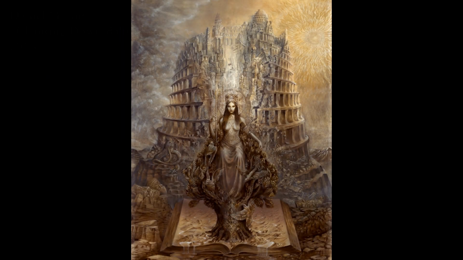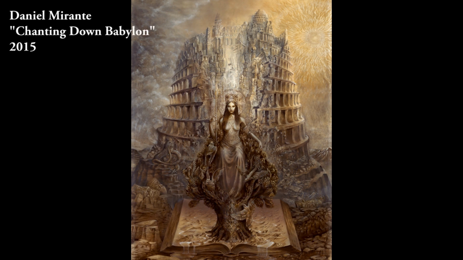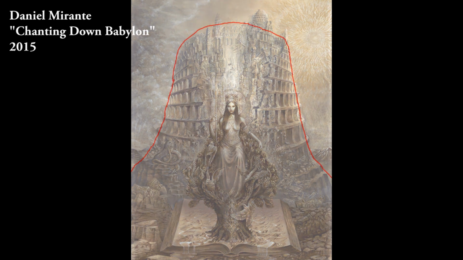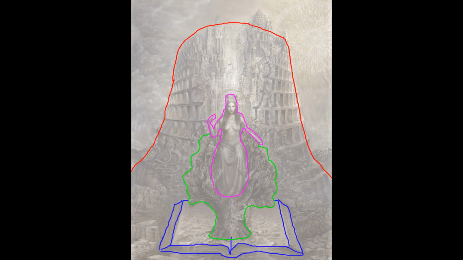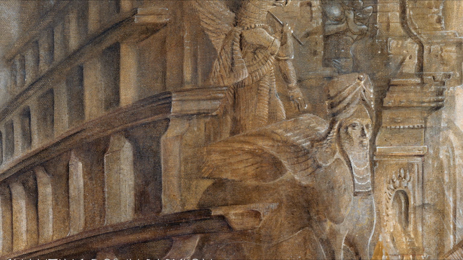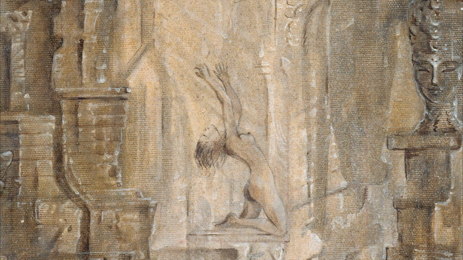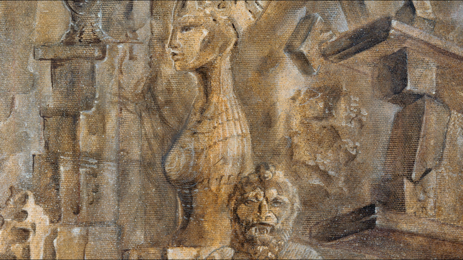So as you can see with Babylon, I began with the most basic shapes: tower, lady, tree, book, and only then was I freed to go into all the details and the little sub-narratives I could explore by having a strong composition envelope.